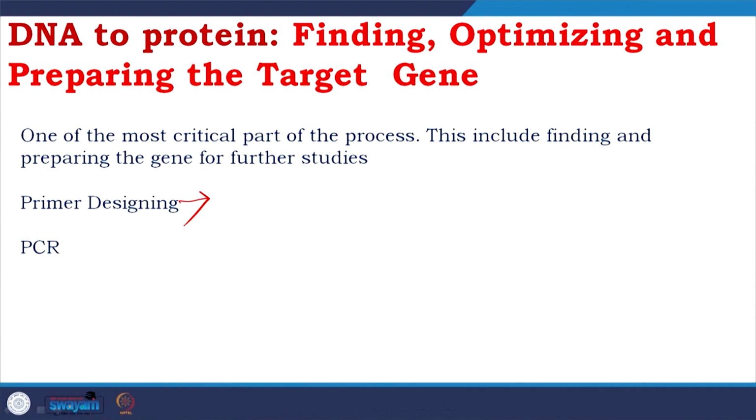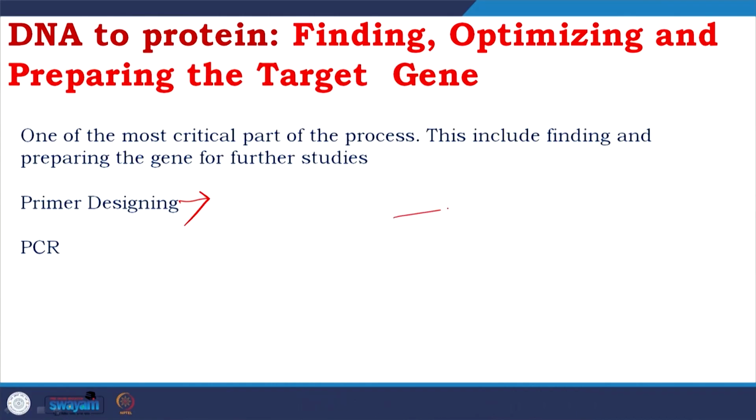Then you have to go for primer designing. What is primer designing? Because you want to clone, you want two things. One, you want your gene to include a restriction enzyme site.